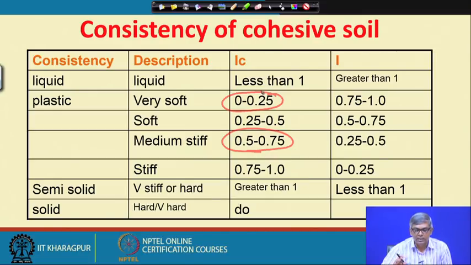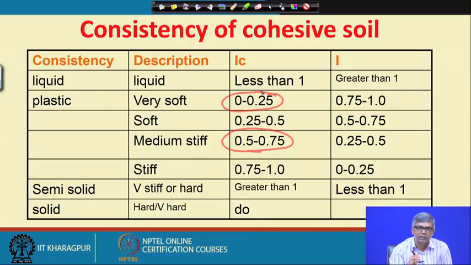Classification-wise, soil A is clay of intermediate plasticity and soil B is clay of high plasticity. These are the classifications when you use the plasticity chart. If the plasticity chart is not there, then also I can find out the way I showed in the previous slide: calculate the A line, PI equal to 0.73 times (liquid limit minus 20).